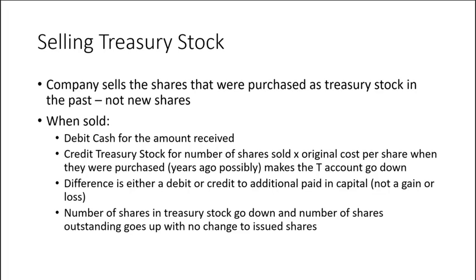You cannot have that gain or loss on the income statement. So the number of shares in the treasury stock goes down when they sell it, and the number of shares outstanding goes up, right? Because the issued shares didn't change, but the number of treasury shares goes down. And remember, the shares outstanding is issued minus treasury.